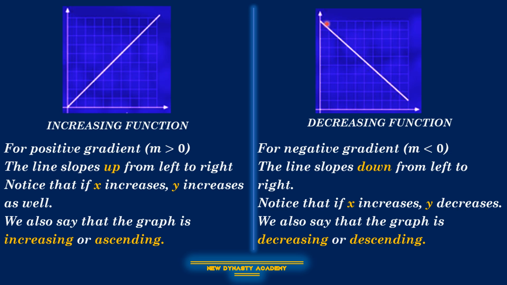What is happening to the x values? The x values are increasing because you're reading x from the left hand side to the right hand side. So the x values are increasing, but what is happening to the y values? As you're going down here, they are decreasing. So the x values are increasing, but the y values are decreasing when you're going down the slope. Now we say that this is a decreasing or descending function.